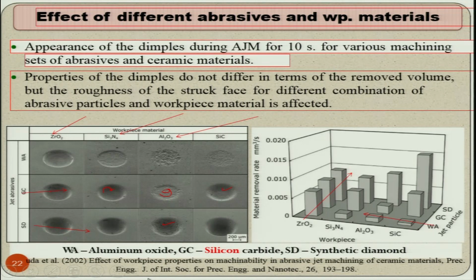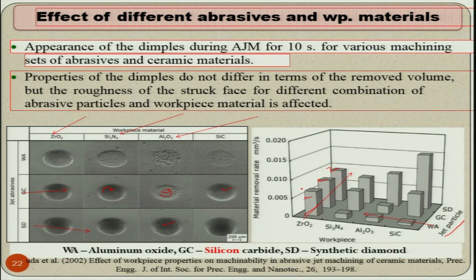The same thing has been expressed here in terms of material removal rate. As you can see here, for workpiece material ZrO2, along this particular arrow, the material removal rate is different in all 3 cases of abrasive particles. This is for WA, this is for GC, and this is for SD.